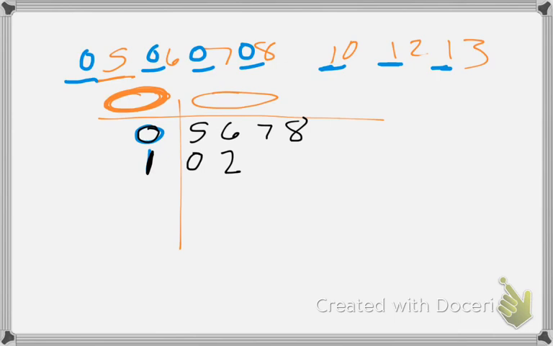Then I would put a 2, and then a 3. So anybody looking at my stem and leaf plot would know that this is a shorthand version of writing the list 5, 6, 7, 8, and then 10, 12, and 13, because I've got my tens place here, and I've got my ones place here.